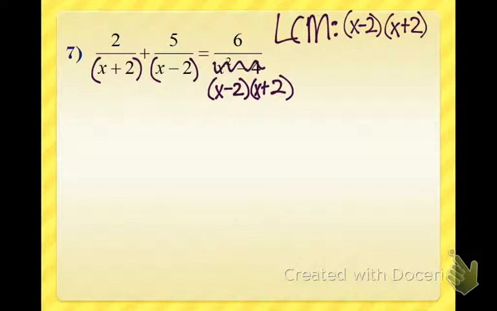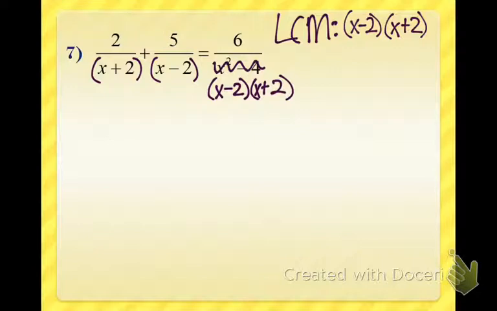Do we have questions about how we came up with that? What would this first denominator be missing? X minus 2. Multiply them together, we'd have x minus 2 times x plus 2. Same thing here. Is the last one missing anything that the other ones have? No. So that is our least common denominator.